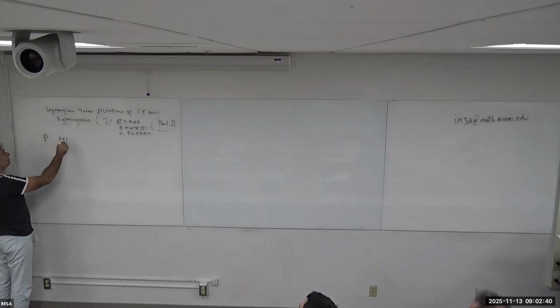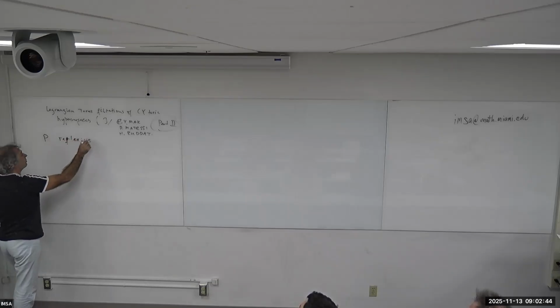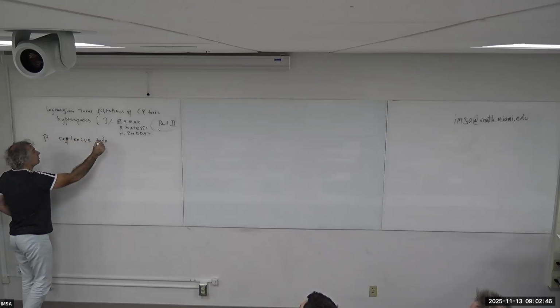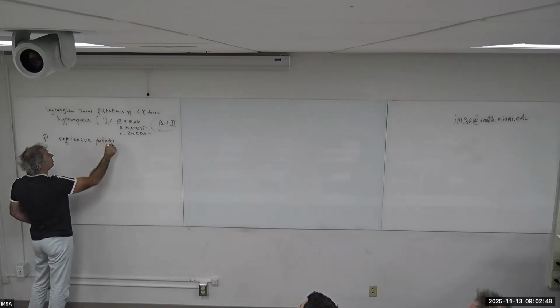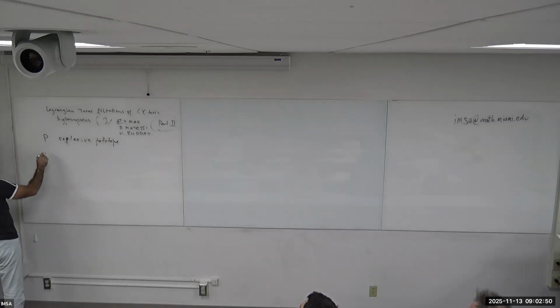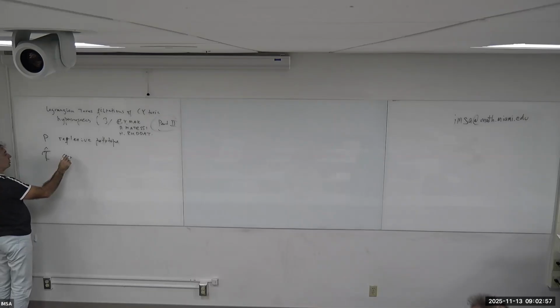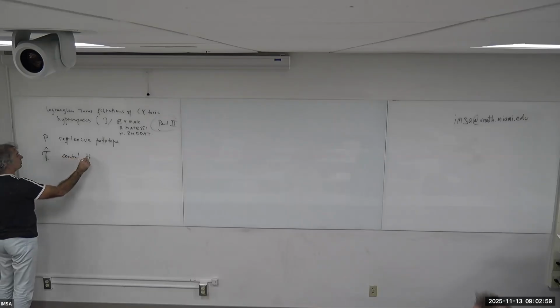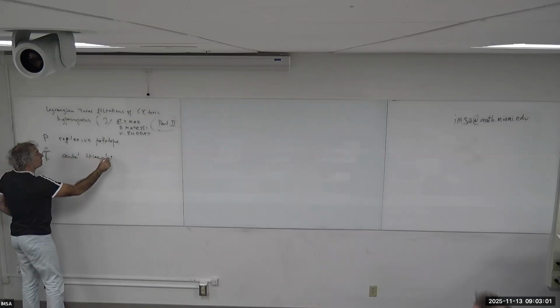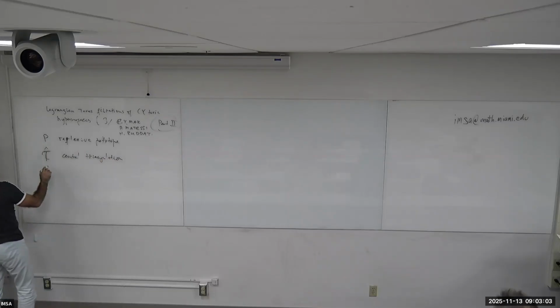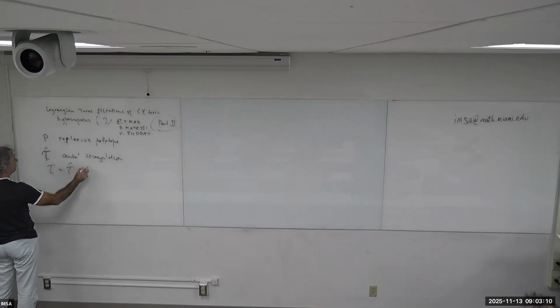So P is a reflexive polytope, and it has a central triangulation. I'm going to call it T hat, the central triangulation. And I want to call T its restriction to the boundary, so T is T hat restricted to the boundary.